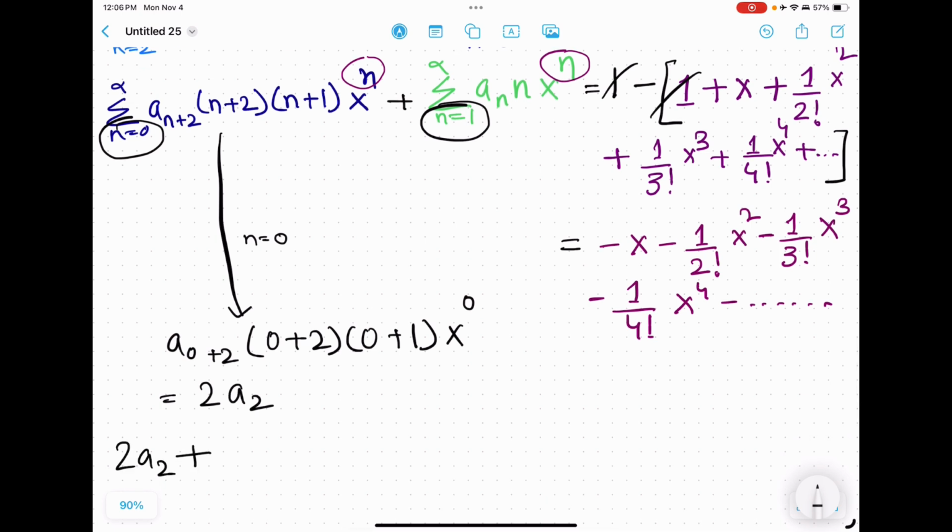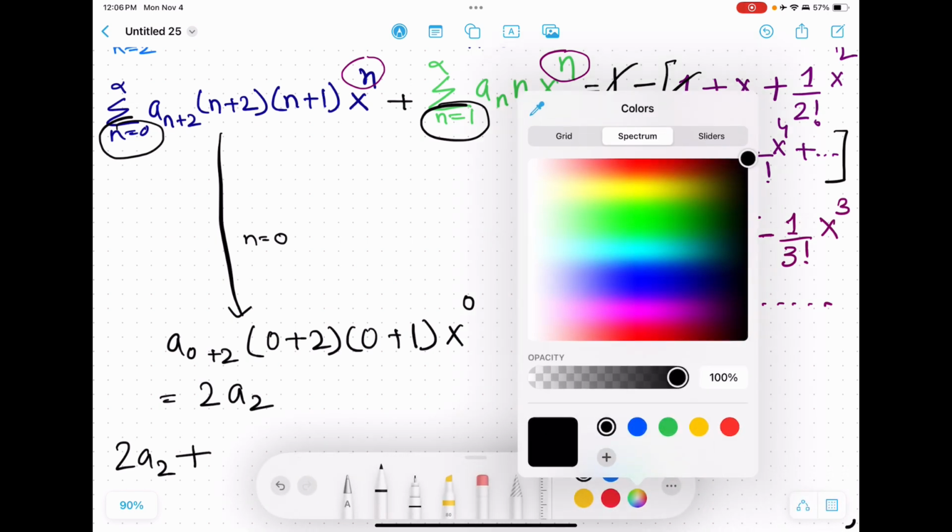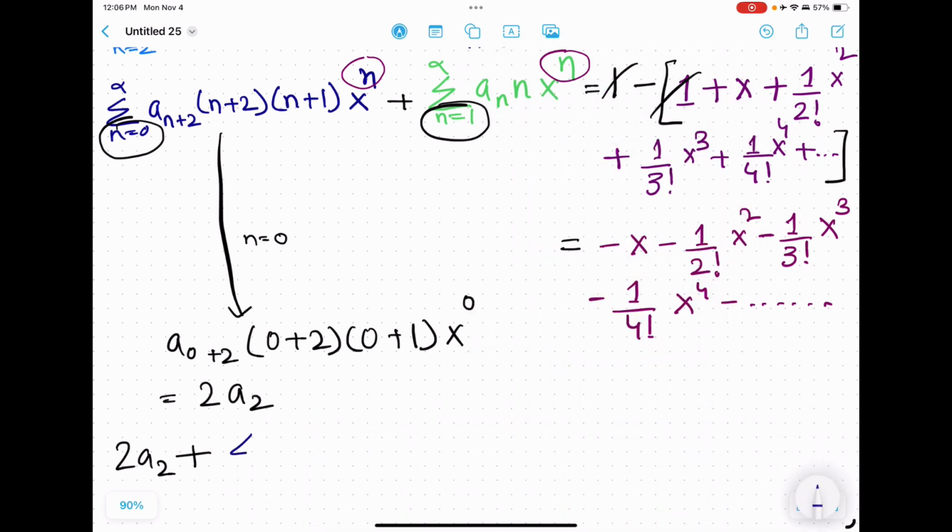And now that I have written my n equal to 0 term separately, I can now shift my index. I can start my index from 1 now, okay? So let's go ahead and do that. So I have summation n equal to 1 to infinity, a sub n plus 2 times n plus 2 times n plus 1, x to the power n.